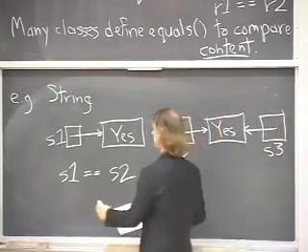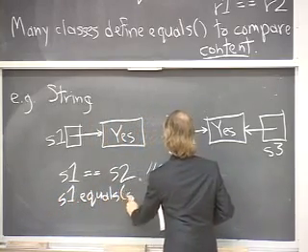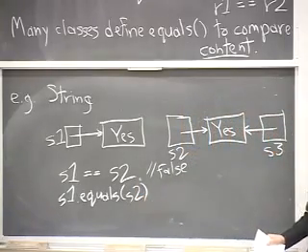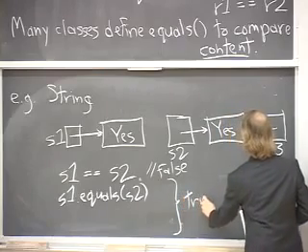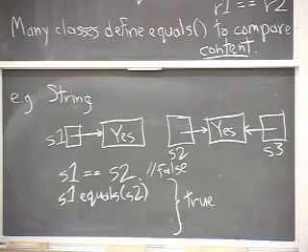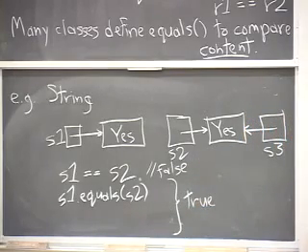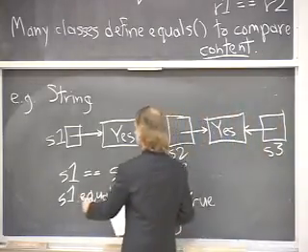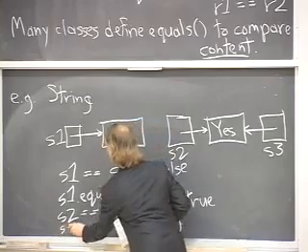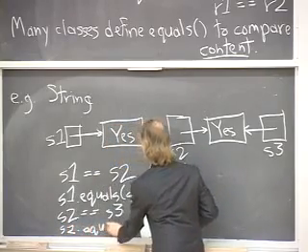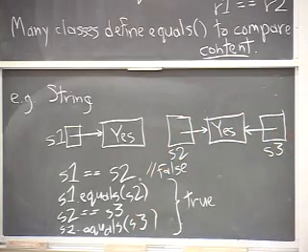But if we ask whether s1.equals(s2), that one comes out true, because both strings contain exactly the same characters in exactly the same order and exactly the same number. Also, if you test s2 against s3, they're equal in every way because they both point to the same object. So s2 == s3 is true, and s2.equals(s3), not surprisingly, is true as well. So the first one's false, the last three are true.